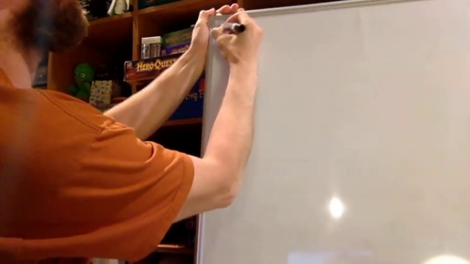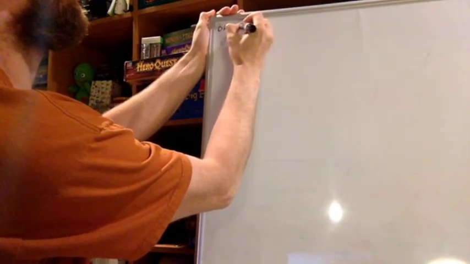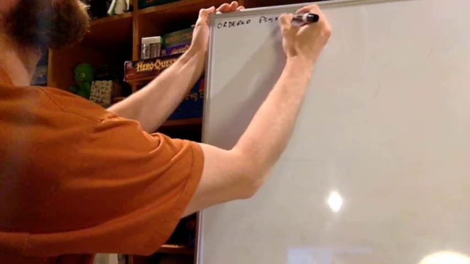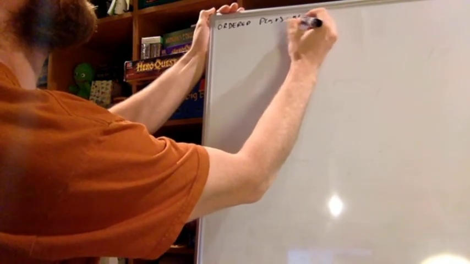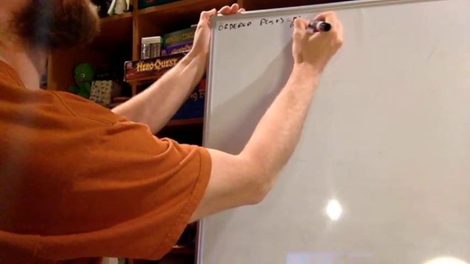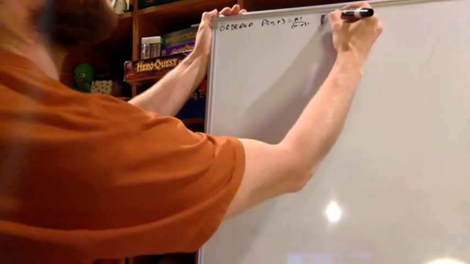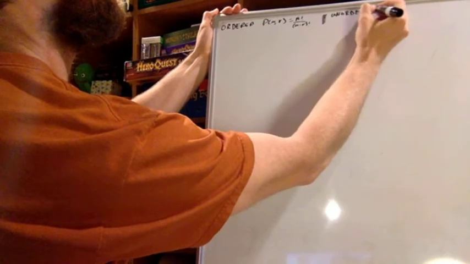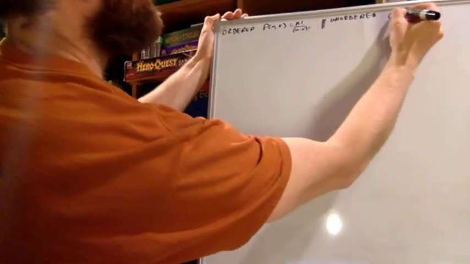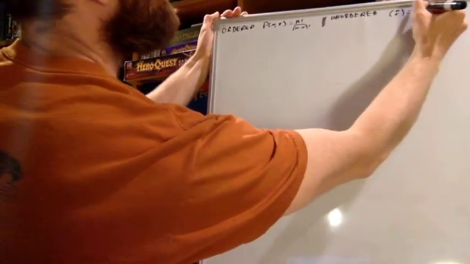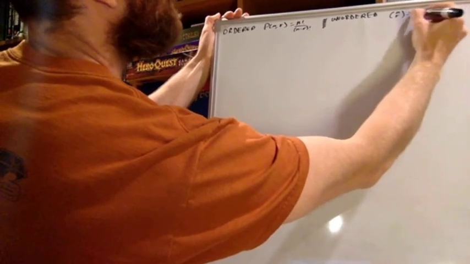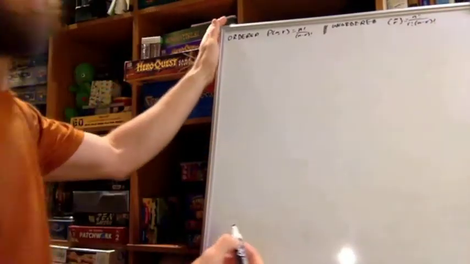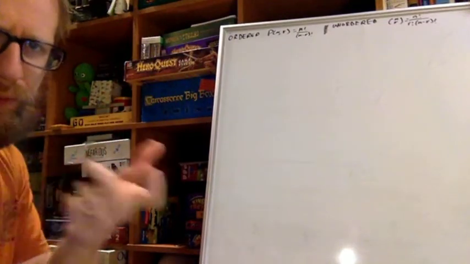So I'm going to write ordered: that's PNR, which is n factorial over n minus r factorial. And then unordered, that's going to be n choose r, which is n factorial over r factorial times n minus r factorial. That n minus r is in parentheses.